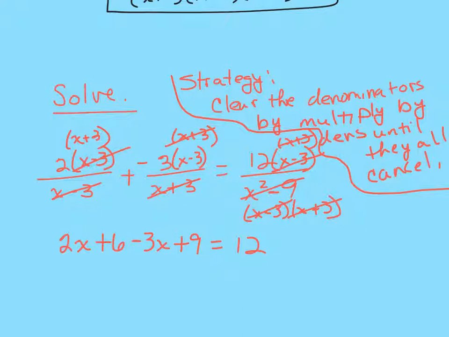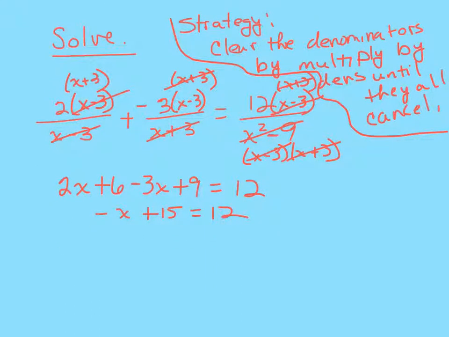So I'm going to put the x's on one side and the constants on the other. So 2x minus 3x is negative x. 6 and 9 is 15. So negative x plus 15 is equal to 12. Okay, let's subtract the 15 from both sides.